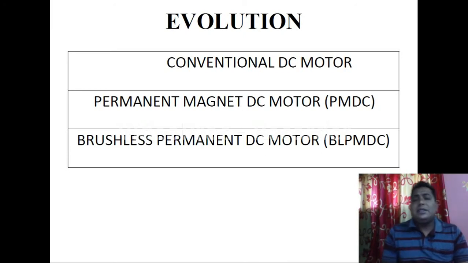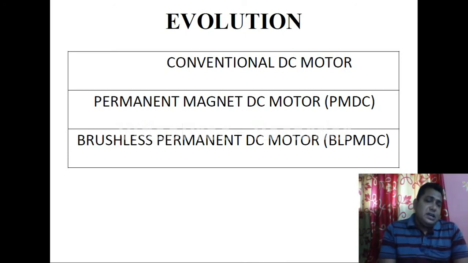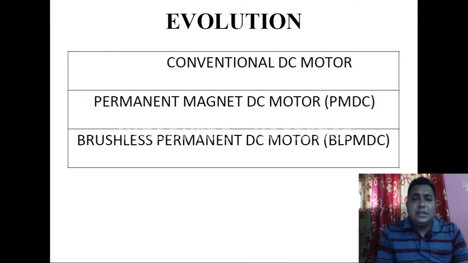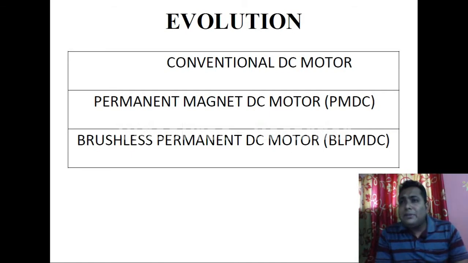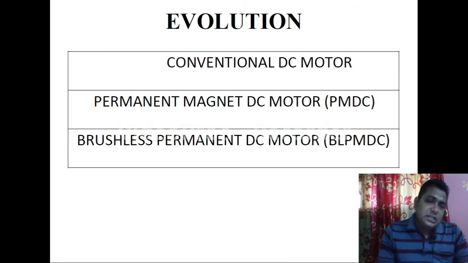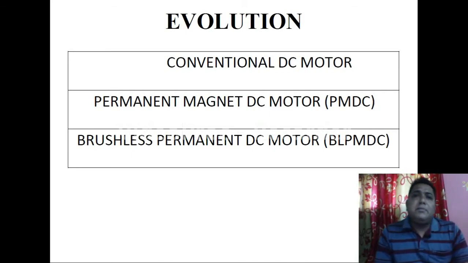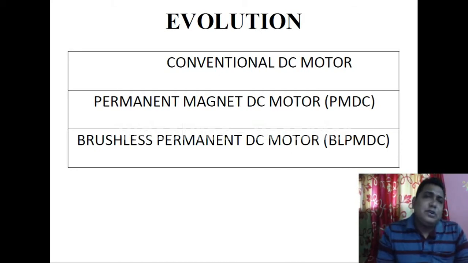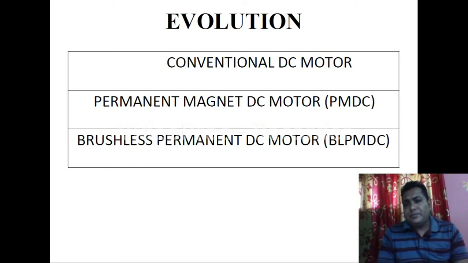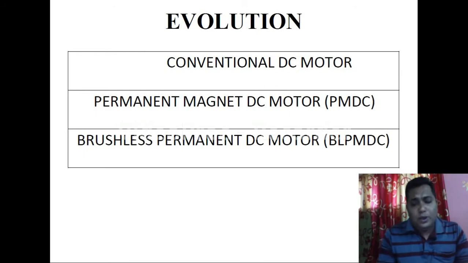First we will see what DC motors were, then the change in constructional features, that is, how instead of an electromagnet we are using a permanent magnet, and then again a modification in terms of the commutator and brush. In a brushless DC motor, we actually use some electronic circuit to operate that machine.